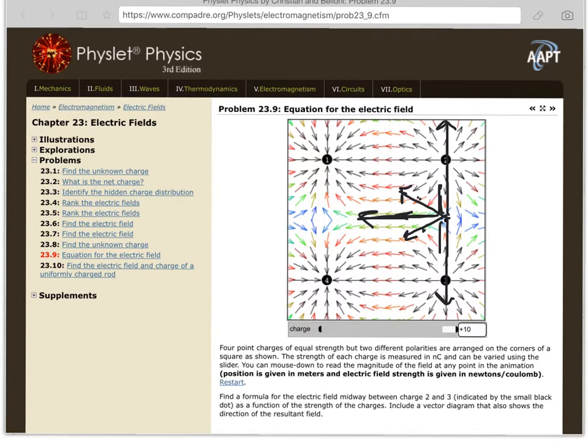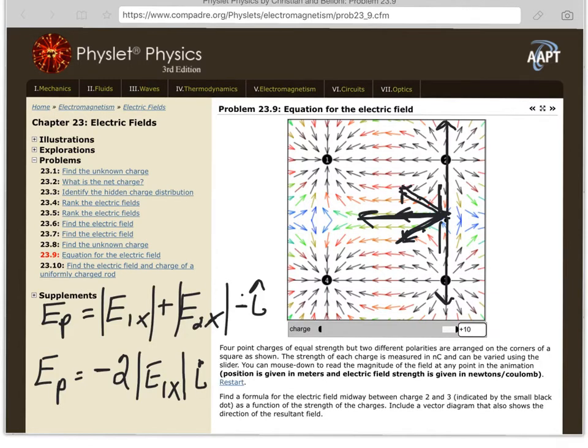So to get the total field, we just need to get either one of these vectors, 1 or 4, find the x component, and multiply by 2. Let me write that down. Okay, so see what I'm doing. I'm getting the field here, realizing that charges 2 and 3 cancel, and the y components cancel.